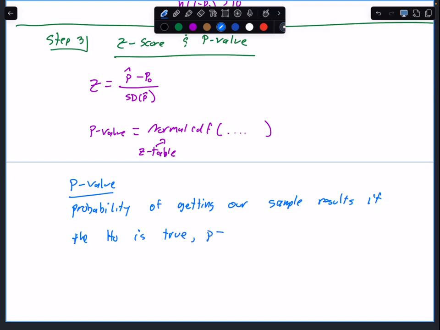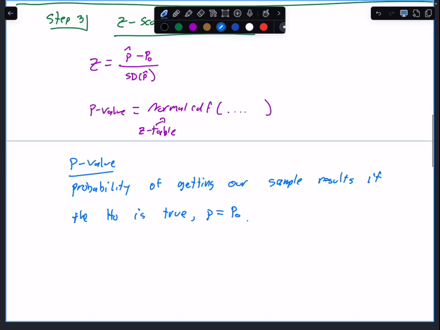In other words, if P is in fact P0, what's the probability I did this? And we did this during the do now earlier. However, I'm going to show you another way of doing it.